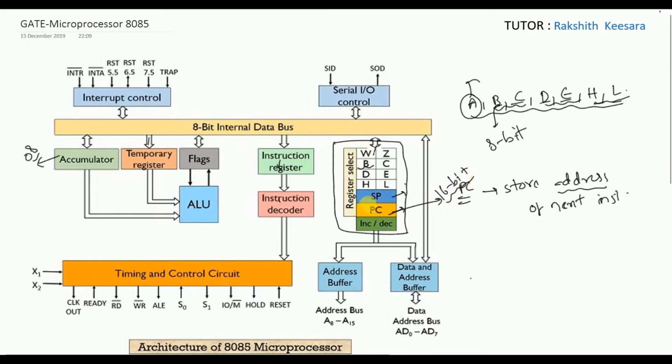Next, SP is the stack pointer. It will store the address of the top location of the stack. I will explain everything in detail, guys. Since it is storing an address, it is also 16-bit.